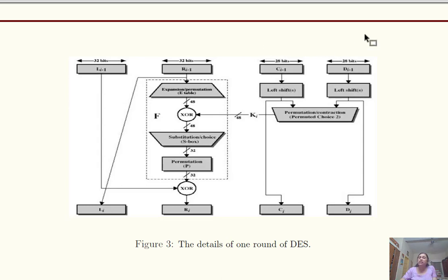So your initial key, you shuffle it using a permutation. The 56-bit key, shuffled, gives 56 bits, and you divide it into 28-bit and 28-bit parts. The left part you give a 1 or 2 circular left shift.